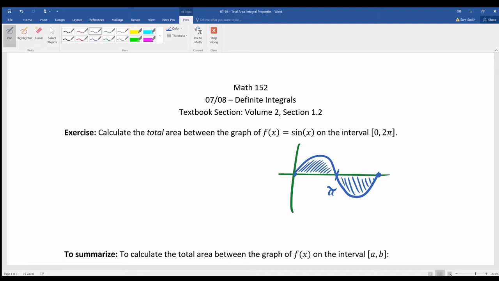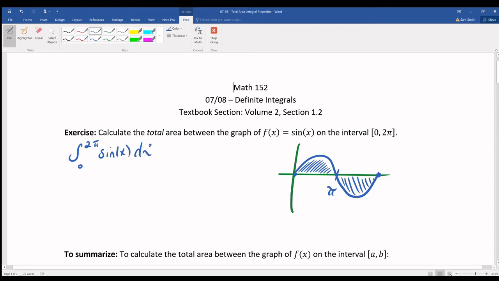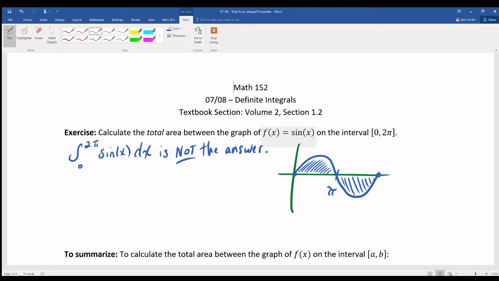Since total area and net area are different in this case, we're going to have to be careful because we will not be able to use the definite integral directly to answer this question. This is not the answer, because this would give us not total area, this would give us net area.